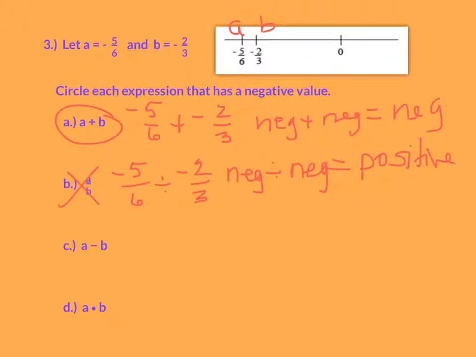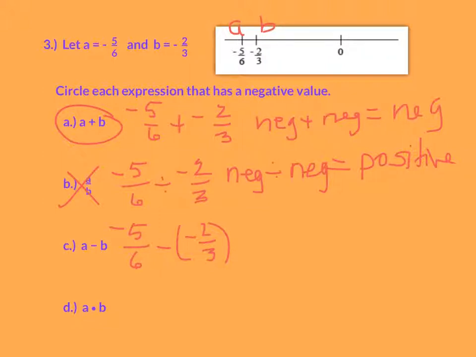Next, I've got A minus B. So A is negative 5/6. Negative 5/6 minus negative 2/3. Hopefully you go to the good old I love eating apples and avocados.